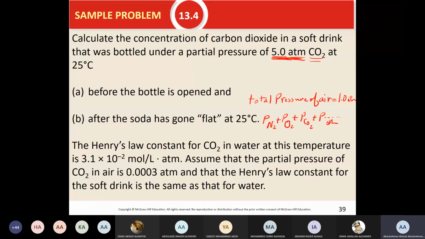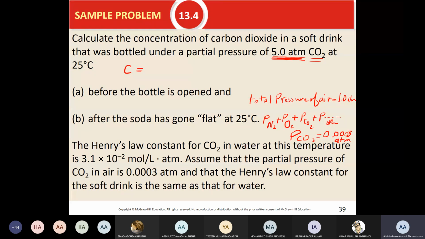The pressure of the CO2 in the air is actually only 0.0003 atmosphere, and we care about the pressure of CO2. What's the concentration of CO2 when it is closed?